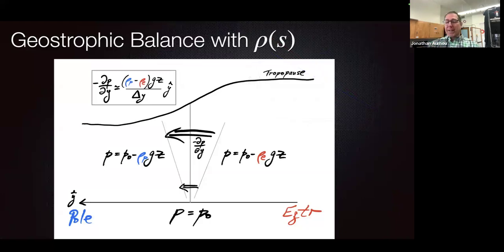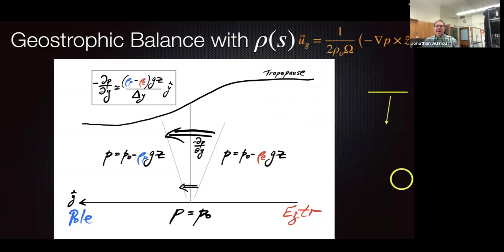Okay. So now what can we do next? Well, oh, that's in the wrong spot. That was amazing. So now let's remember that the geostrophic velocity is 1 over the mean density rho, times 1 over the rotation rate omega, and it's proportional to the pressure force cross z.